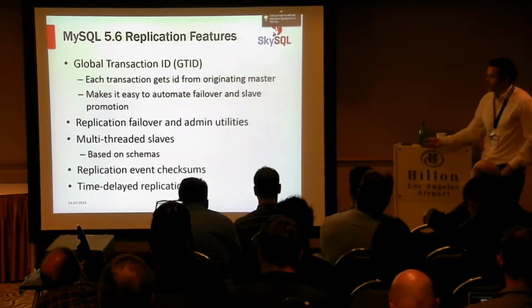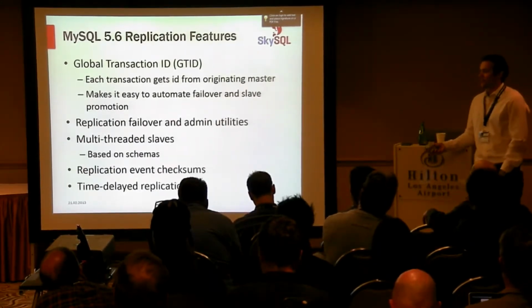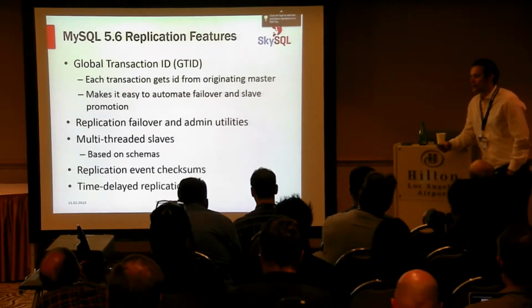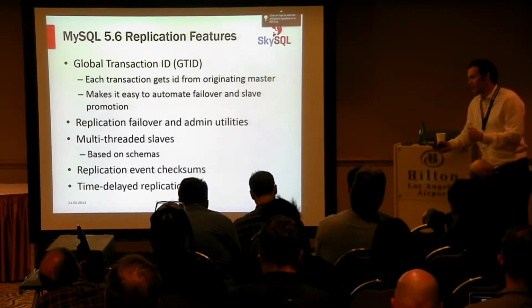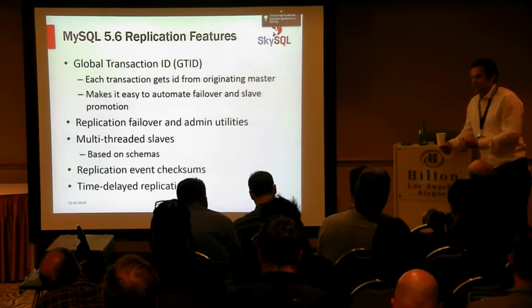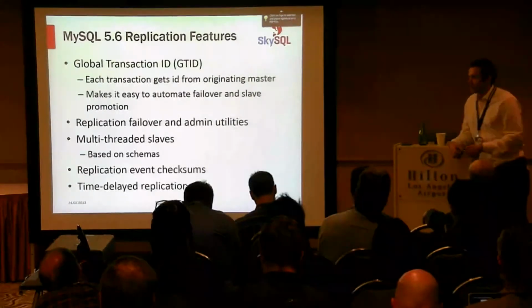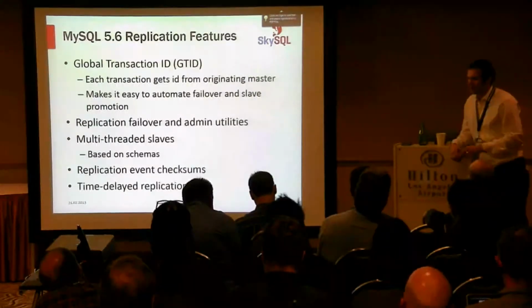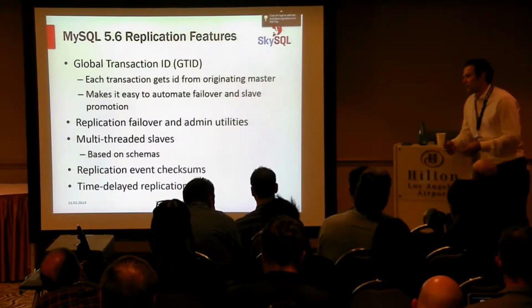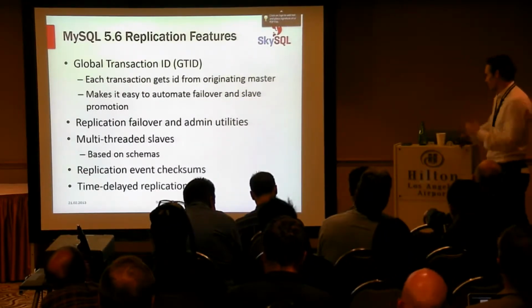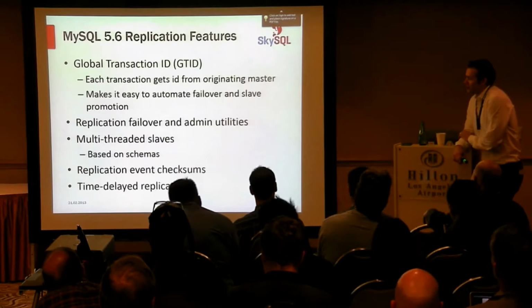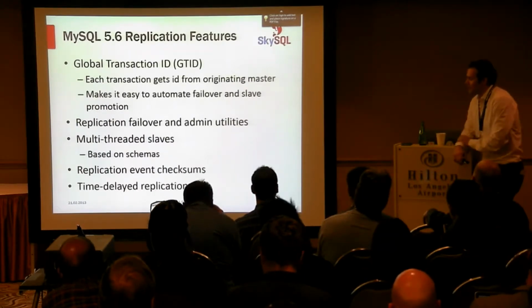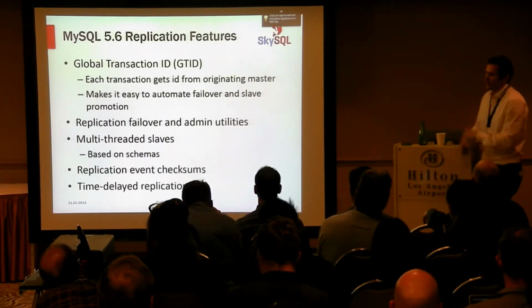Another thing they added is multi-threaded slaves. So one of the problems with MySQL replication is that it's single-threaded on the slave, which, I mean, MySQL replication was added in like 2001, if I remember correctly. And no one had more than one core. But now a machine by default has like 12 cores or something.